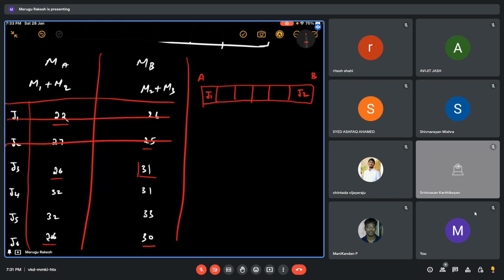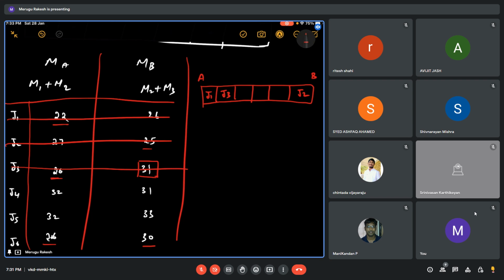Since it is taking much more time in this J3 value in machine B, we'll take this, so it will be completed early in the first MA value. So we'll consider J3 here, followed by this J3. If you write J3 here, this will be done.